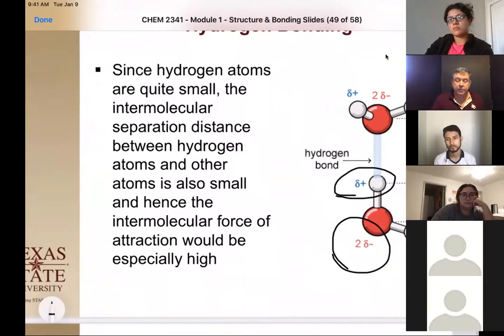And through space, that partially positive hydrogen will be attracted to the partially negative side of another molecule nearby. The more hydrogens you have that can do this hydrogen bonding, the stronger the interaction is. So it's very, very strong in water because you have two hydrogens that can hydrogen bond, and you have very small molecules so they can interact quite intensely.